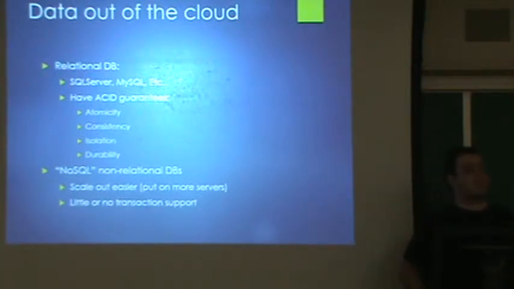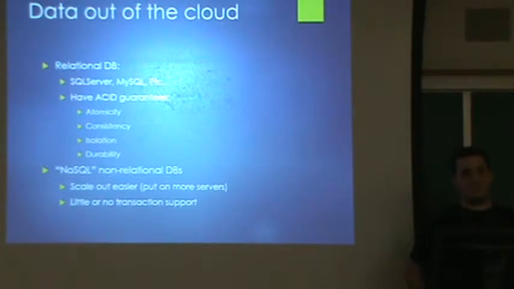So if a second process tries reading while something else is writing, it will either see the old state or it will see the new state. It won't get caught in the middle. The same set of commands will execute in the same way every single time. You won't end up with race conditions, and the database will never be left in an inconsistent state.